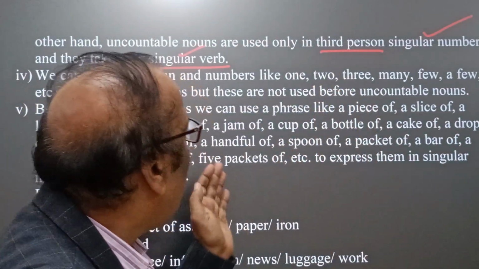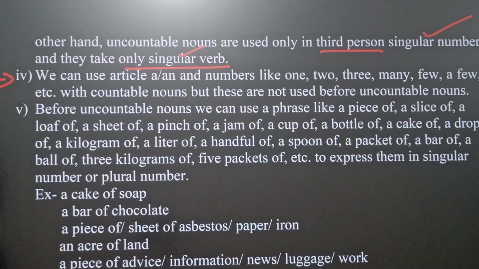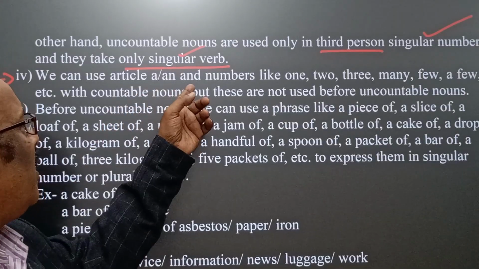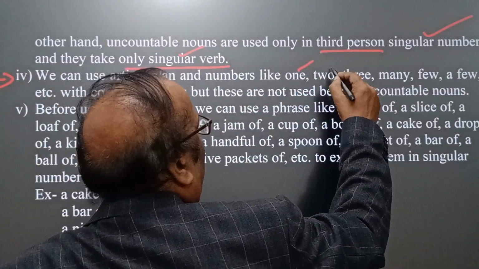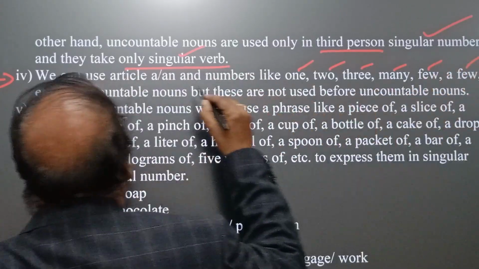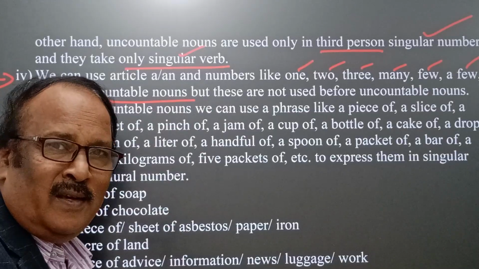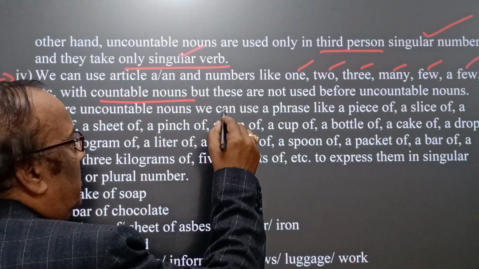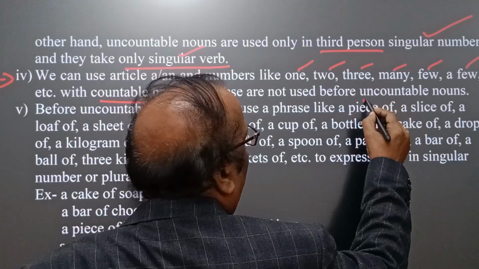Now comes another matter. We can use articles a, an and numbers like one, two, three, many, few, a few, etc. with countable nouns, but these are not used with uncountable nouns.